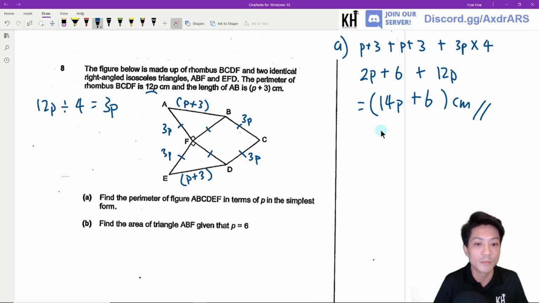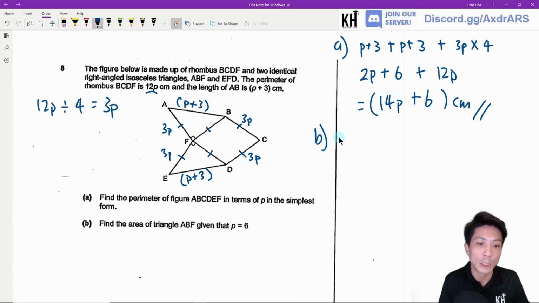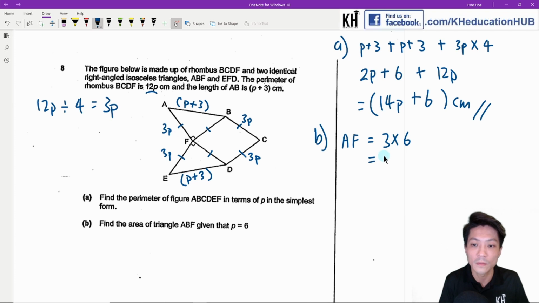For part B, find the area of triangle ABF, given that p is equal to 6. We just need to find what is the side AF. AF is equal to 3 times 6, which is 18 cm.